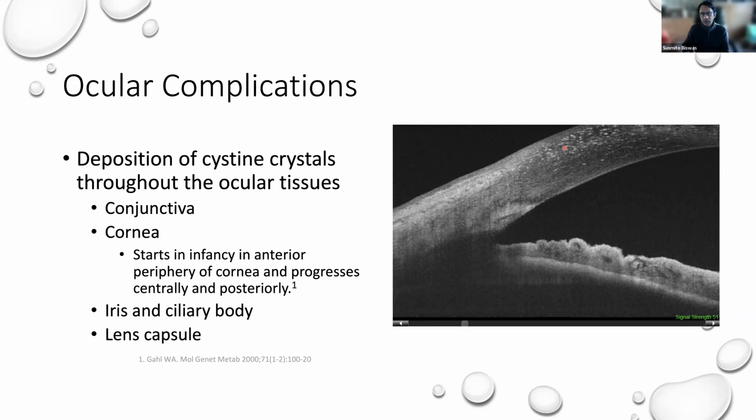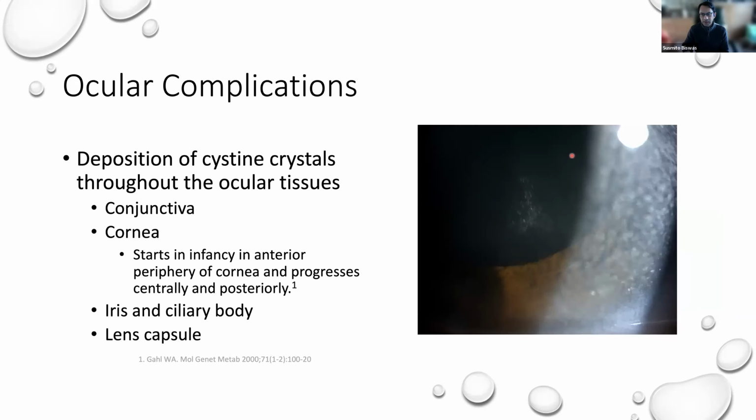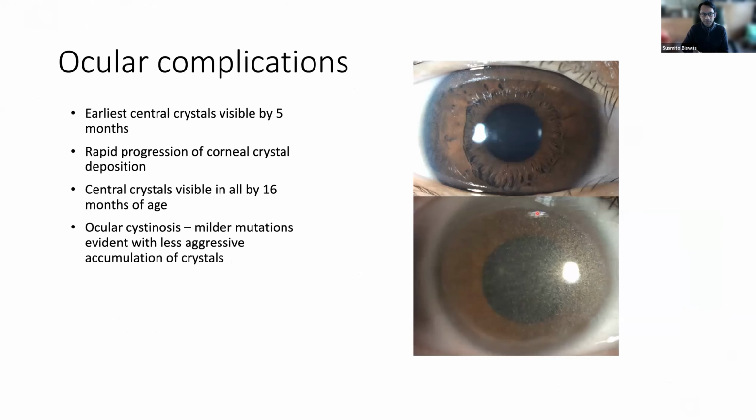And it starts off in the periphery in infancy, and it spreads centrally and posteriorly. It's also present in the iris, and then here there's some crystals present on the surface of the lens of the eye. So even on the lens capsule, it can be present. So crystals are present from quite early on.